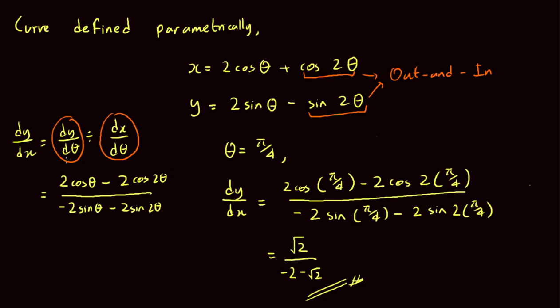And of course you use the chain rule again, because to find dy dx it is dy d theta times d theta over dx, but d theta over dx is just, as I said before from the inverse law, 1 over dx d theta. So you can simply have the division symbol right away. And once you get dy dx, you can immediately find theta, which is just pi over 4 itself. All right, so that's the first question done.